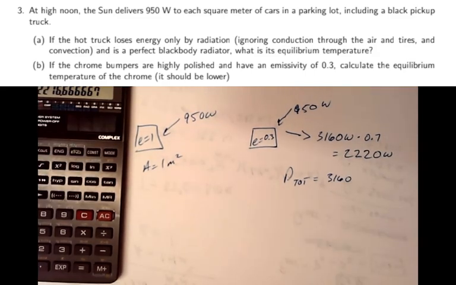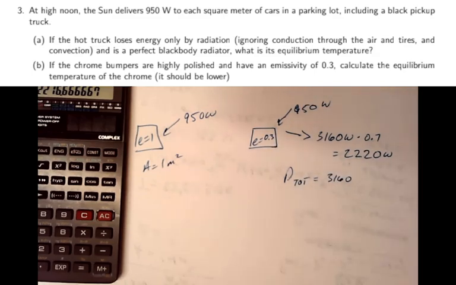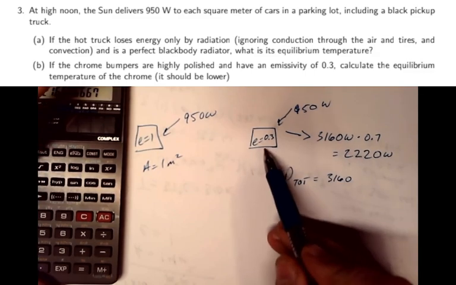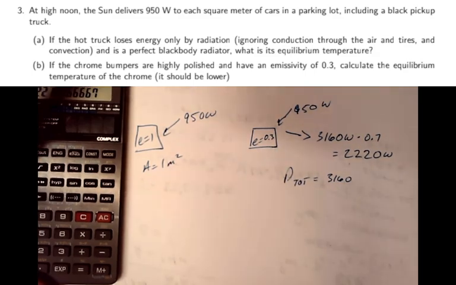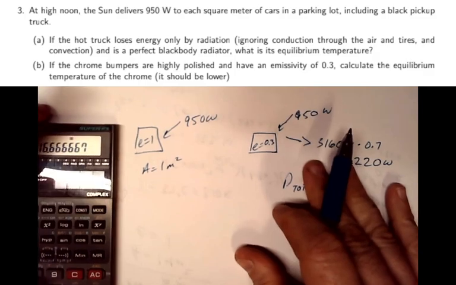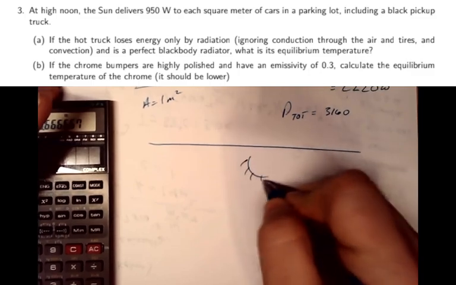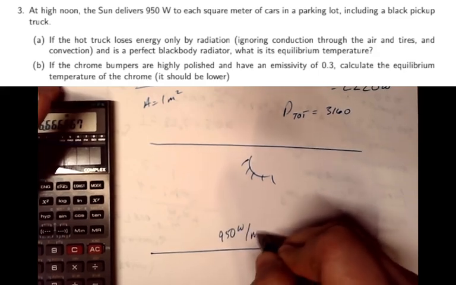So, if that's the case, then this thing absorbing 950 watts is going to end up making the temperature higher. Because when you solve this problem out, you're going to get this emissivity on the bottom of a fraction, so this dropping to 0.3 makes it go up. The other way of thinking about this is to say that the sun is out, you're in a parking lot, 950 watts per meter squared.